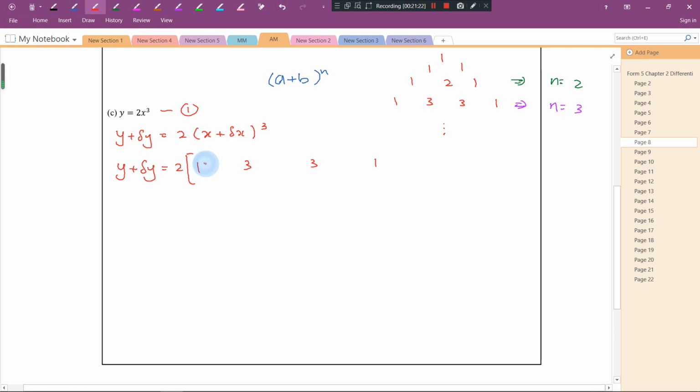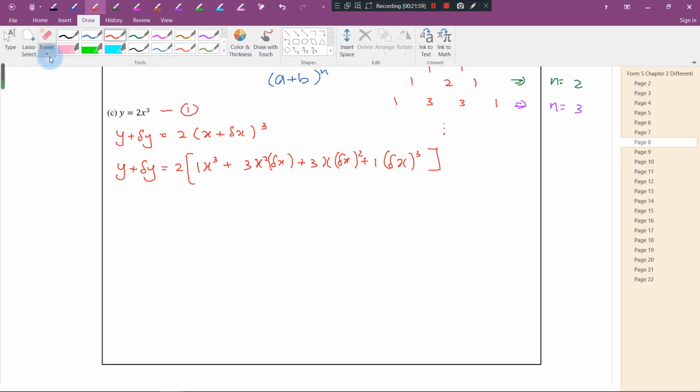Okay, so here I put x power 3, x power 2, and I have delta x power 1. If you want, you can put a parenthesis here, plus x power 1 delta x power 2 plus the last one is delta x power 3. Okay, let me double check. 1, 3, 3, 1, power 3, power 2, power 1, and then this power 1, power 2, power 3. Okay, correct.